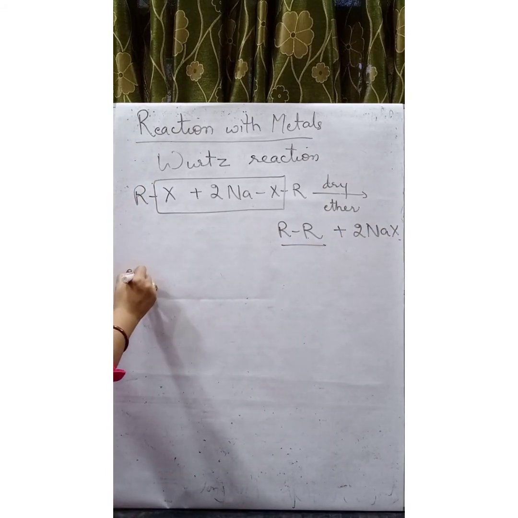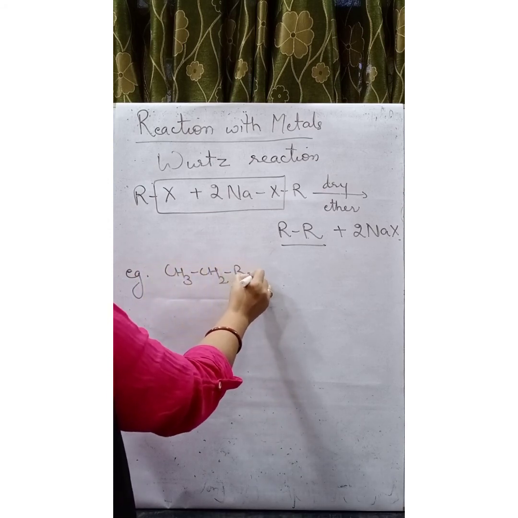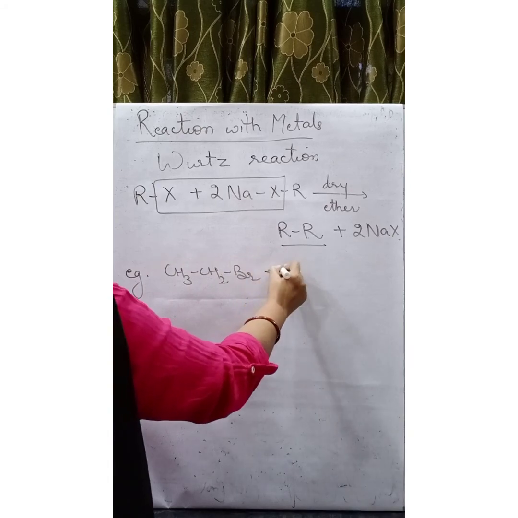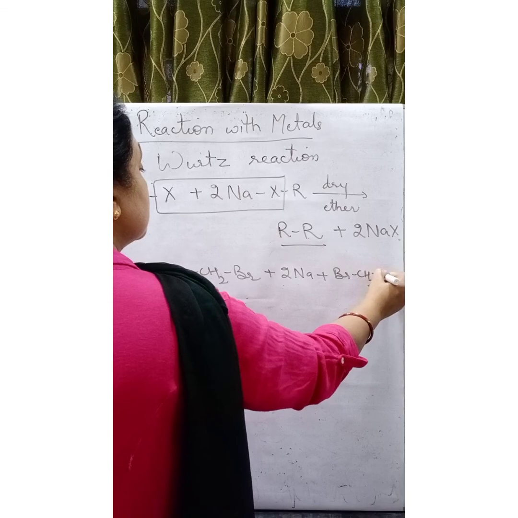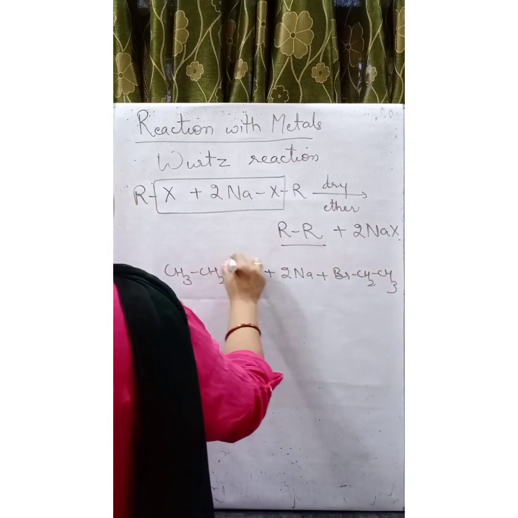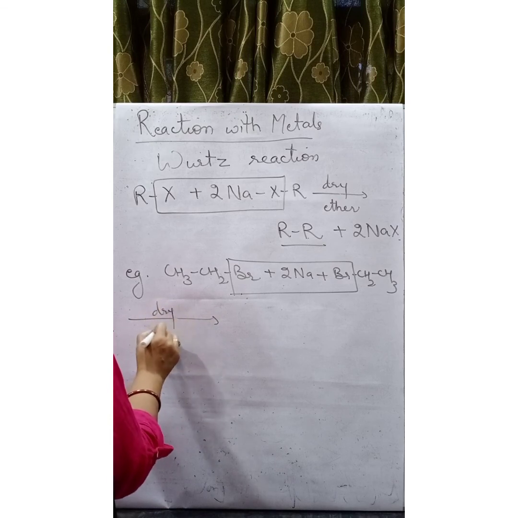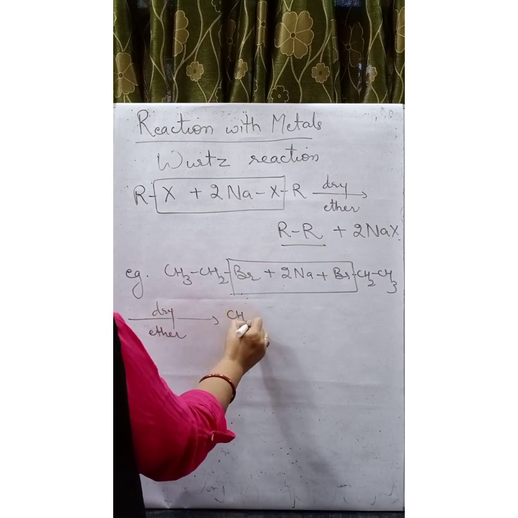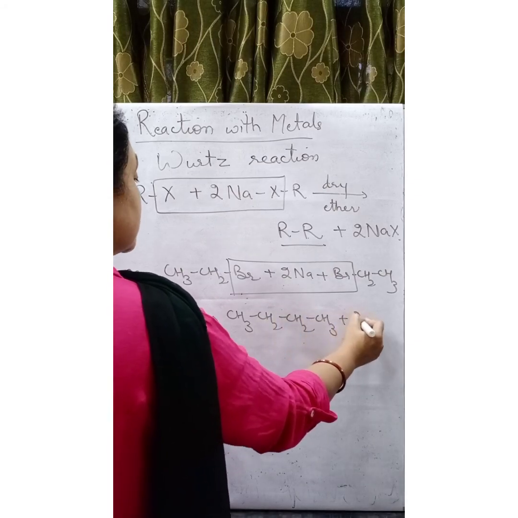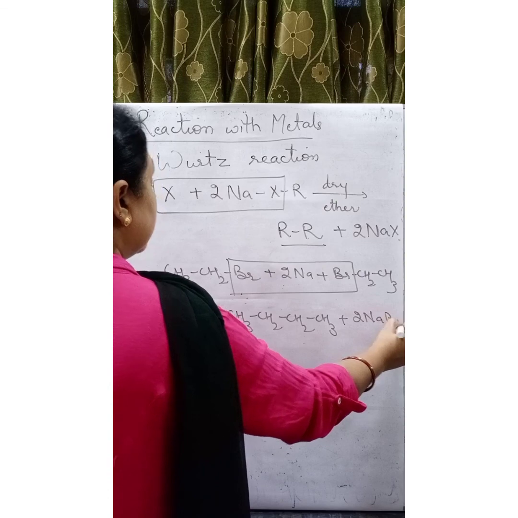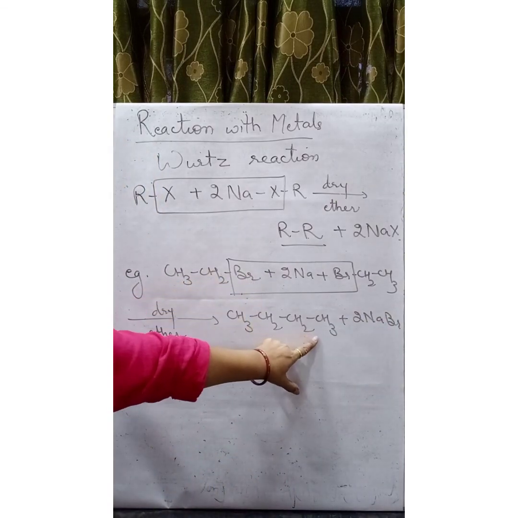For example, you can say CH3CH2Br plus 2Na plus BrCH2CH3. So this is going to get eliminated in presence of dry ether, forms CH3CH2CH2CH3 plus 2NaBr. That means from ethyl bromide we are forming butane.